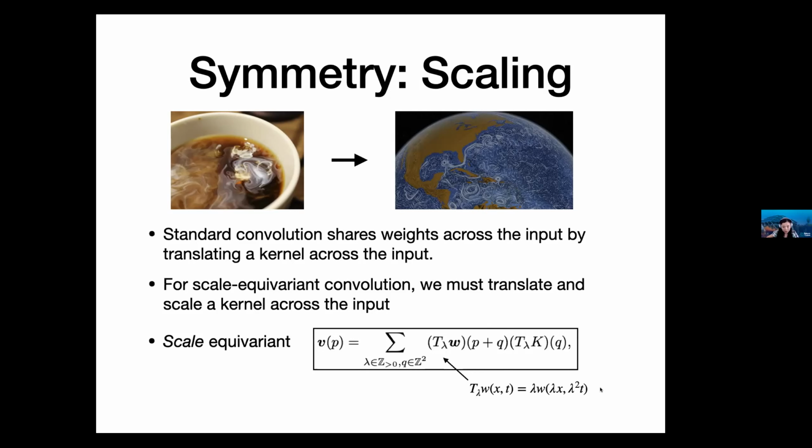This comes from the symmetry laws of the Navier-Stokes equation, and we can apply this scaling operation to the convolutional kernel, and that is how we achieve scale equivariance in convolutional neural networks.